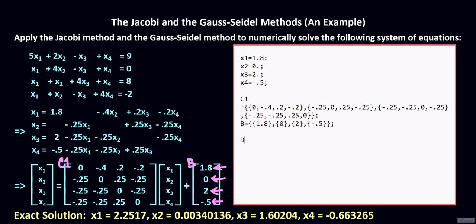We now start the do loop. We start with the vector of unknowns. Its entries are x1, x2, x3, and x4. This vector equals C1 times the same column vector x1, x2, x3, x4. In Mathematica, we use the period for matrix multiplication.